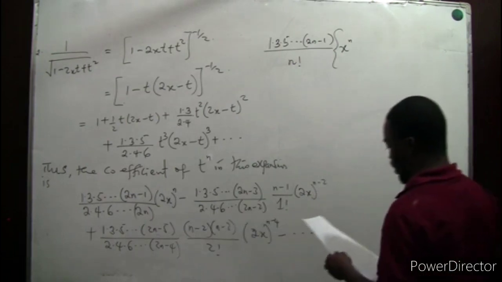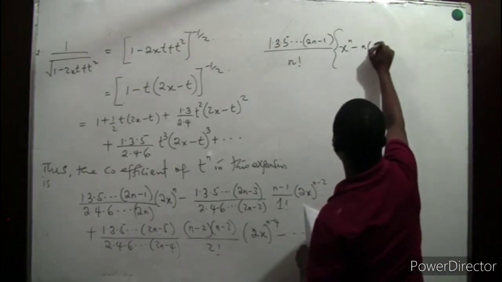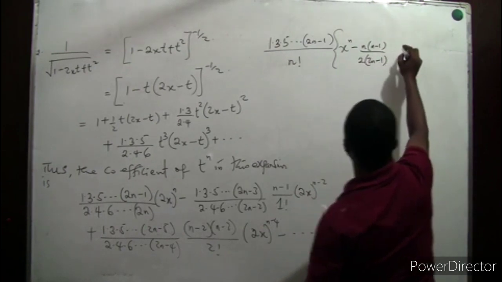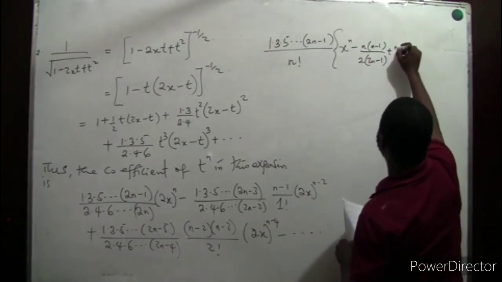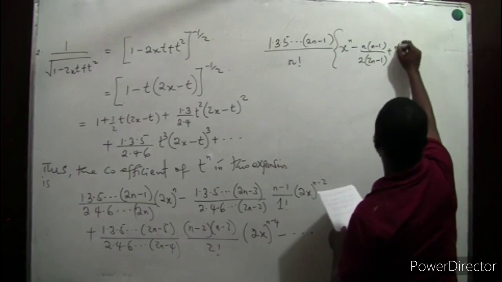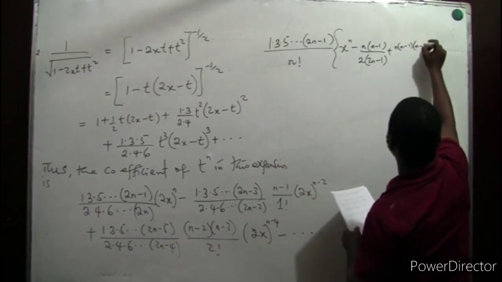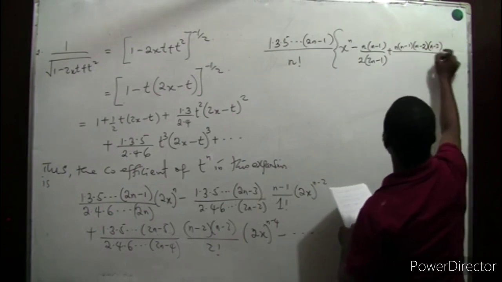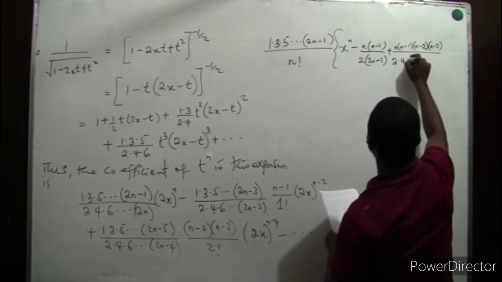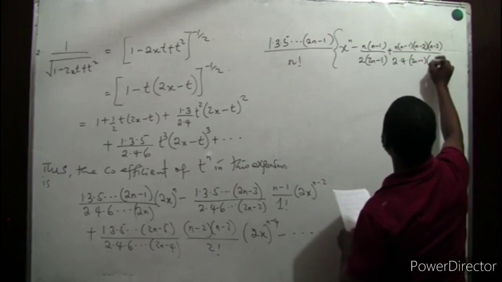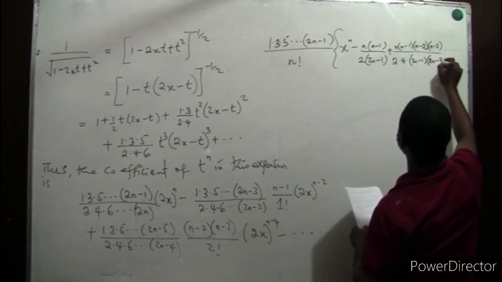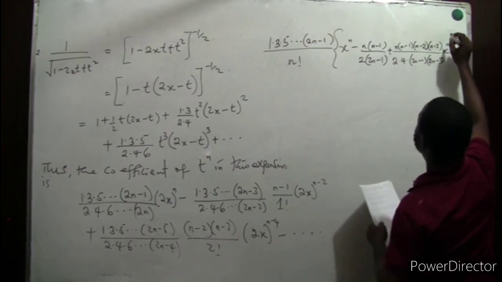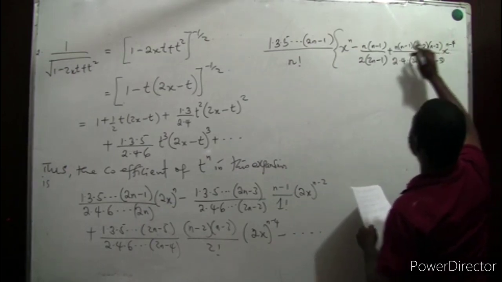If you factorize and simplify, we have minus n into n minus 1 divided by 2 into (2n minus 1), plus n minus 1 into n minus 2, n minus 3 divided by 2 multiplied by 4 into (2n minus 1)(2n minus 3), x to the power n minus 4.